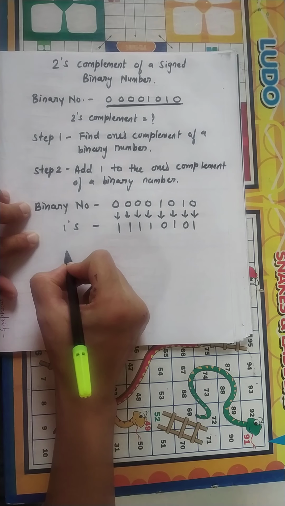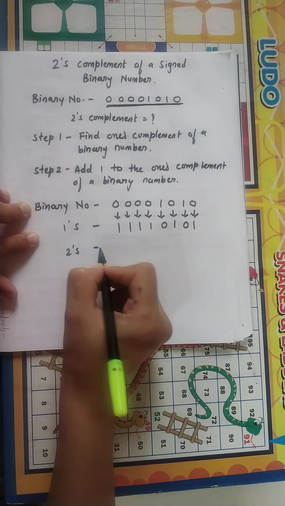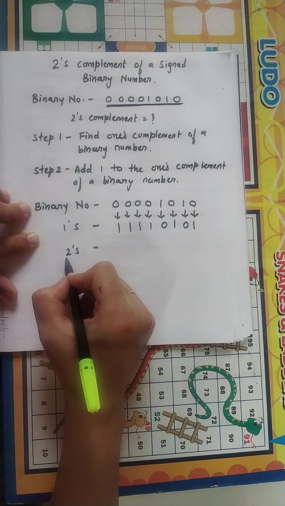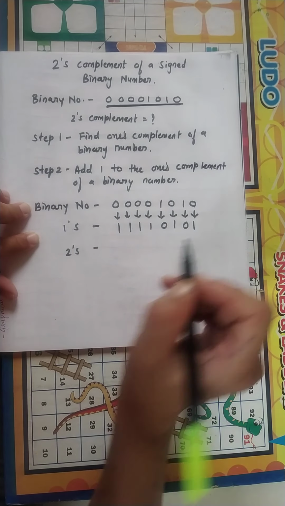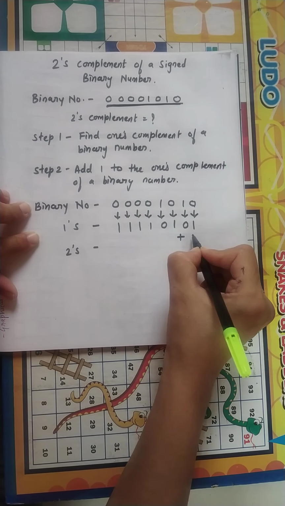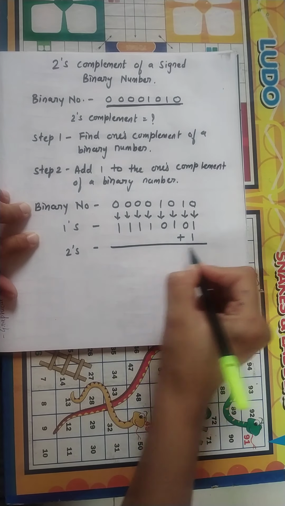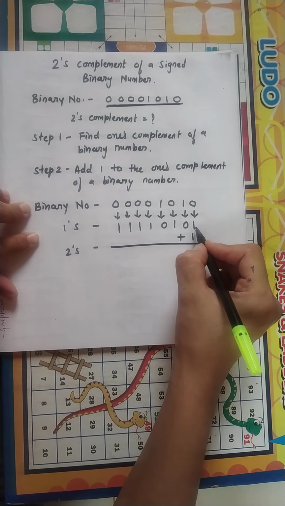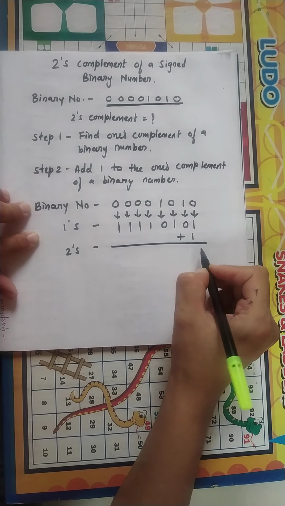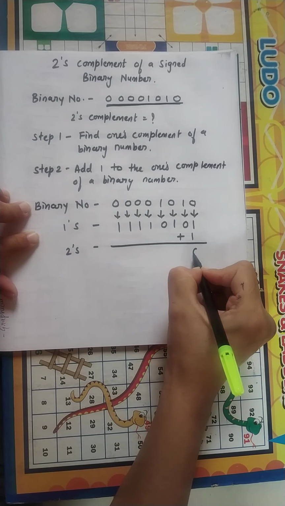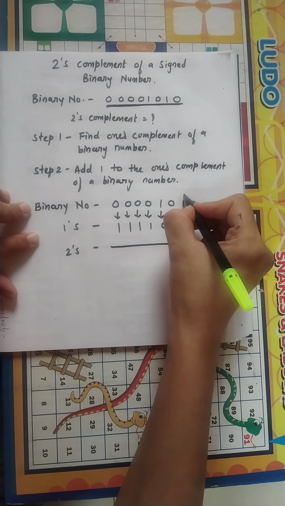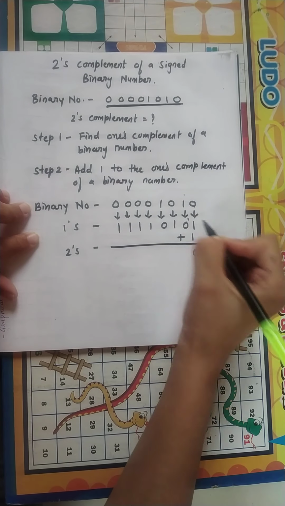Now I have to find out the 2's complement of the number, right? So for finding out the 2's complement of a number, what do I have to do? I have to just add 1 to this 1's complement. So 1 plus 1 is sum 0 carry 1. Sum 0 carry 1.